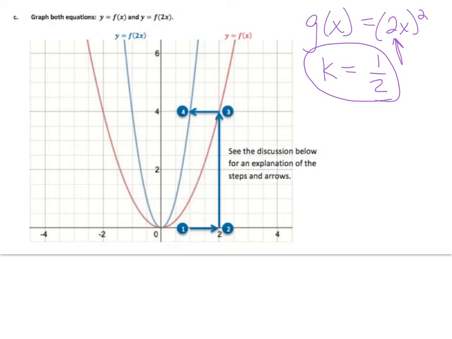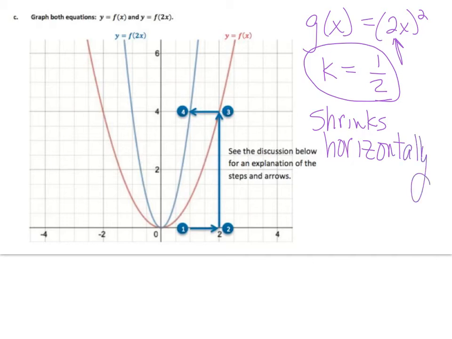So this scale factor actually shrinks horizontally. It shrinks the original graph by a scale factor of 1/2.